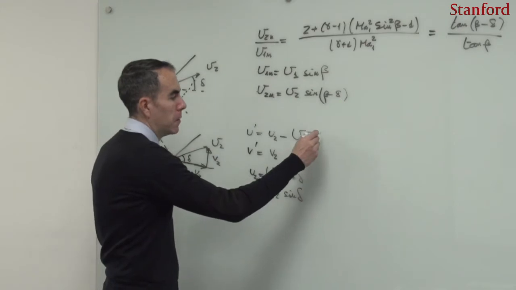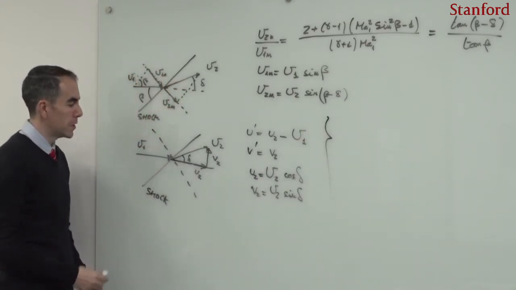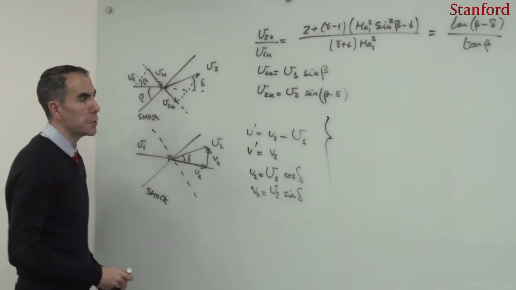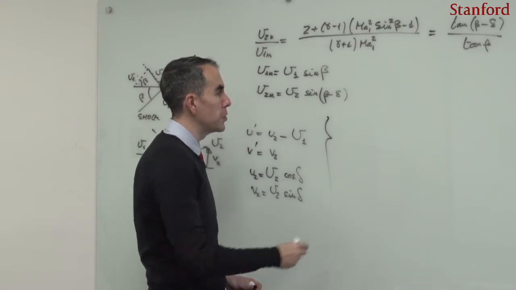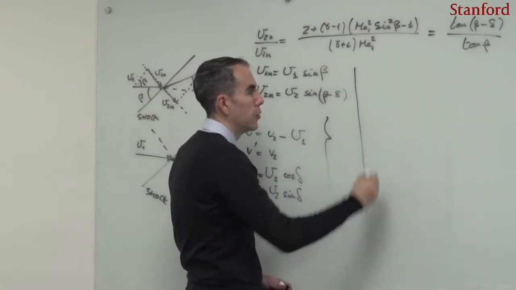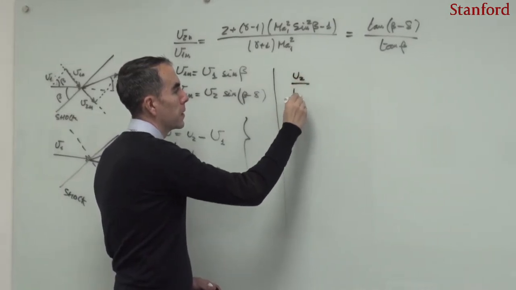So let's try to obtain expressions for u2 and v2 as a function of the pre-shock velocity. In order to do that, one can construct the ratio of u2 divided by capital U1.